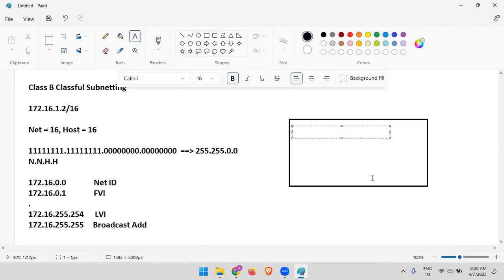Let's say an IP address is given to you. Then the network ID and broadcast address will be 172.17.0.0, and the broadcast address 172.17.255.255.